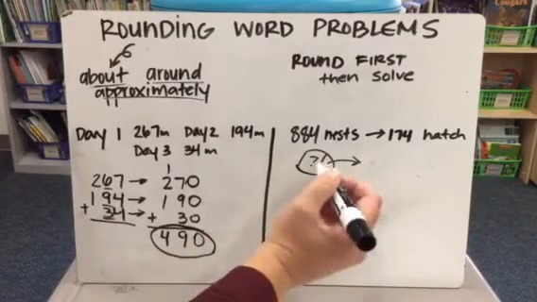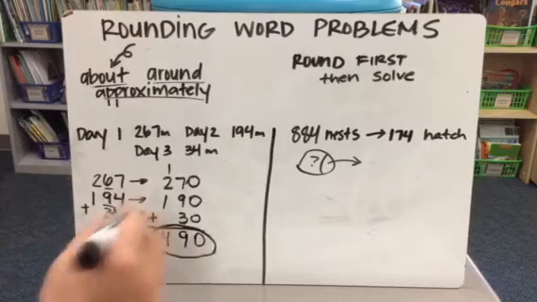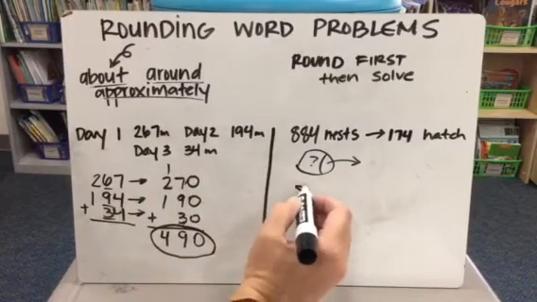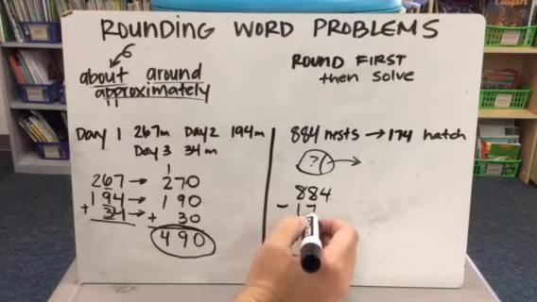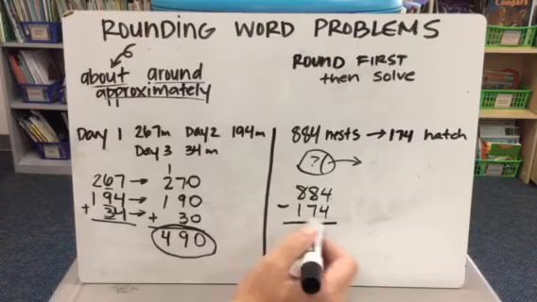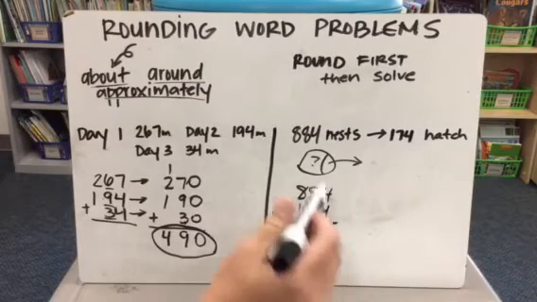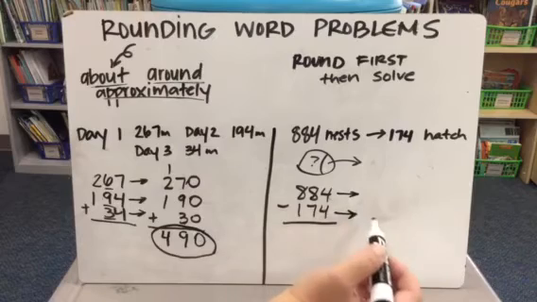I see that a group is being separated, so that's my clue that there's subtraction going on. So I'm going to write my equation: 884 eggs, subtract the 174 that hatched, and that's going to help me find about how many eggs still need to hatch. So I'm going to round.